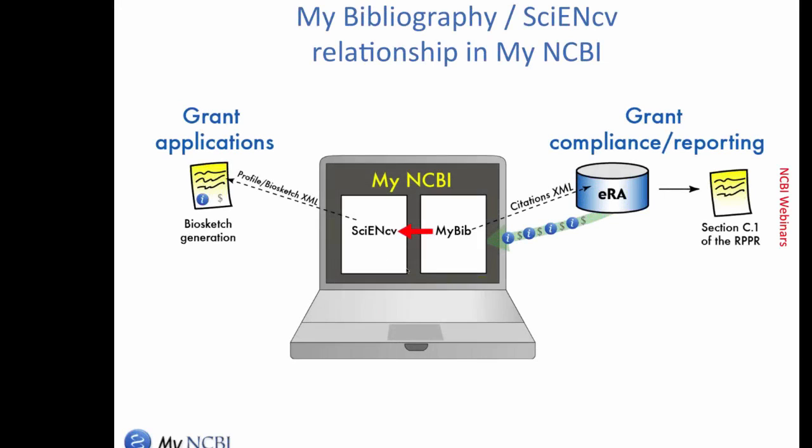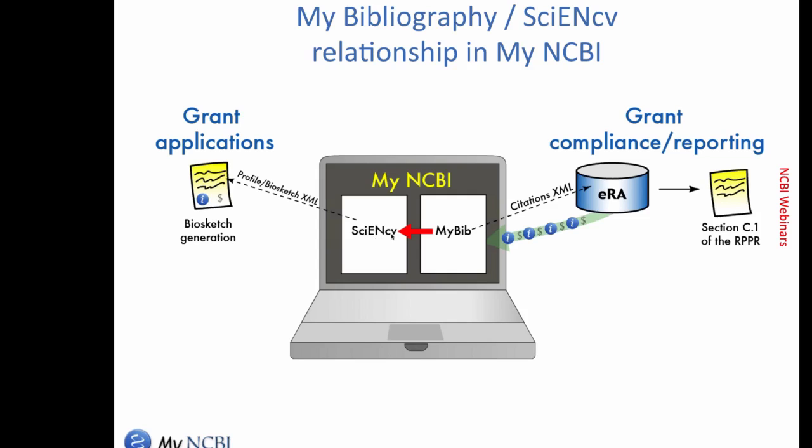Again, I'm just going to show you how the information flow works within my NCBI, SciENcv, and my Bibliography. You curate your full bibliography in My Bibliography with citations to all of your work, and then this information can be exported to SciENcv, which will then automatically be formatted in the correct manner to put into a Biosketch.